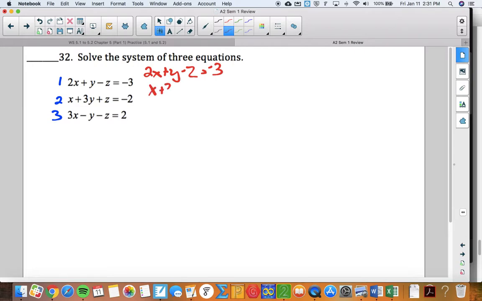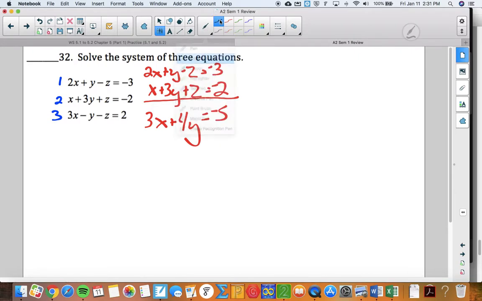So it's kind of like a new hybrid 1 and 2 equation. And I get 3x plus 4y. Again, the z's canceled out, equals -5. So that's using equations 1 and 2. Now I have to use equation number 3. I'm going to do it with equation number 2.